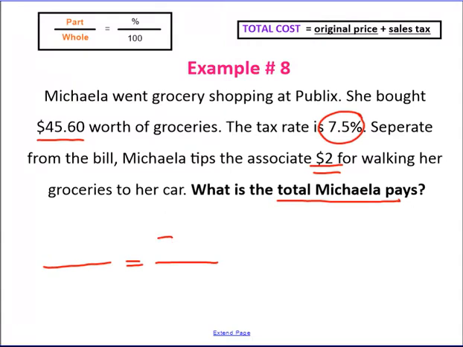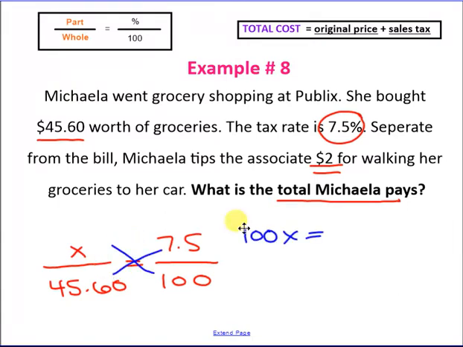Blank proportion, 7.5% over 100. She paid $45.60, X on top. I'm going to cross multiply. 100 times X is 100X. 45.60 times 7.5 is going to be 342.